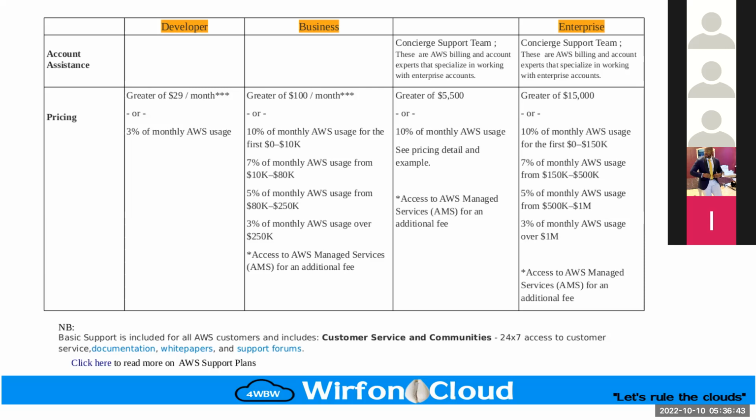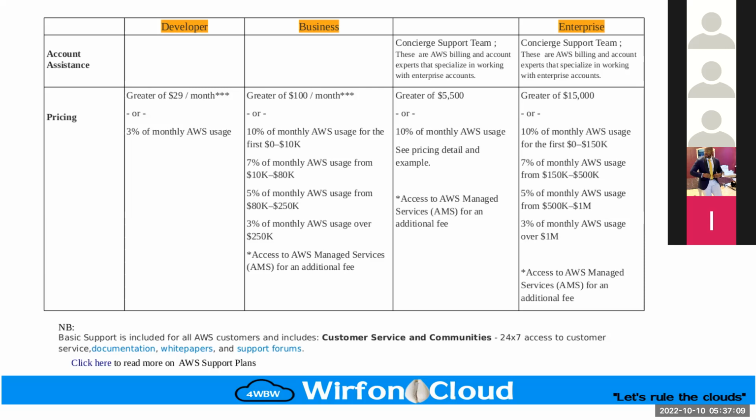For Business, it's almost $100 and more per month. For Enterprise On-Ramp it's $5,500 per month, and Enterprise is $15,000 per month. So just have that in the back of your mind.